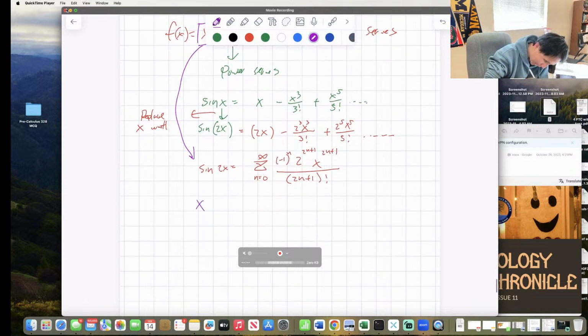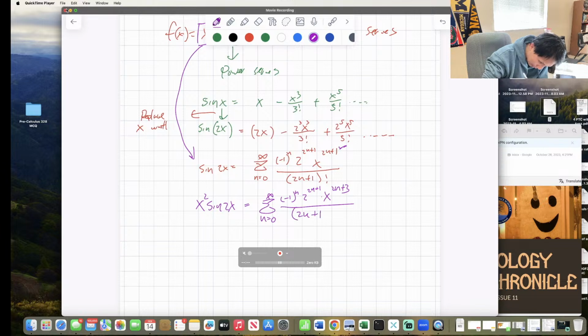So then that's going to be x squared sine of 2x equal to the summation of n equal to 0 to infinity, -1 to the n, 2 to the 2n plus 1. Nothing is changing except this part is adding x squared. So it'll be x to the 2n plus 3 over 2n plus 1 factorial. And this becomes a power series of this.